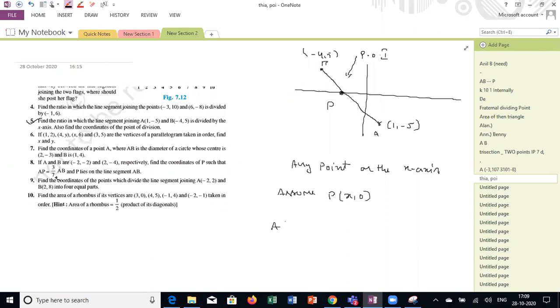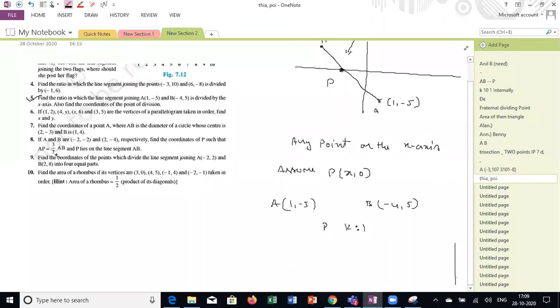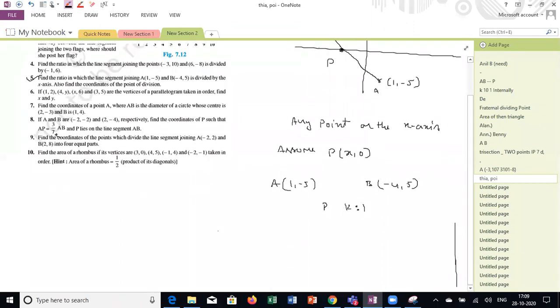Now, A is 1 comma minus 5, B is minus 4 comma 5, and P is dividing in the ratio k is to 1. Assume P is dividing in k is to 1 ratio, and calculate the P value.